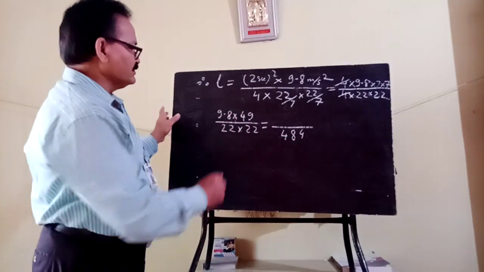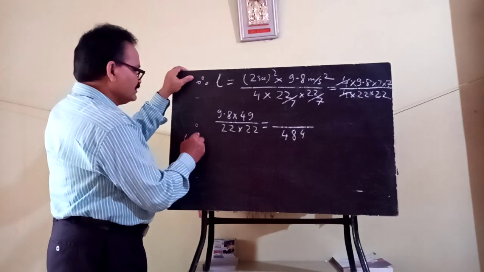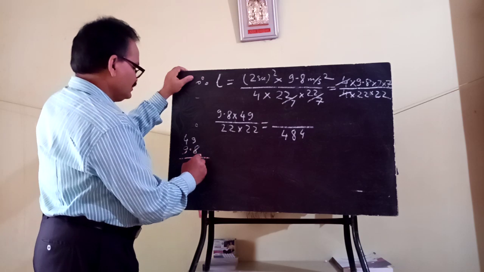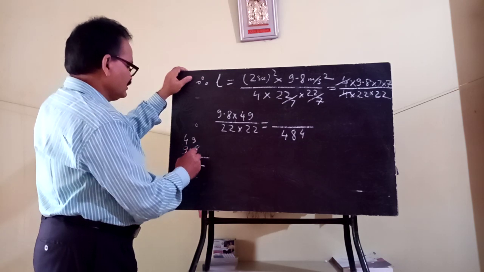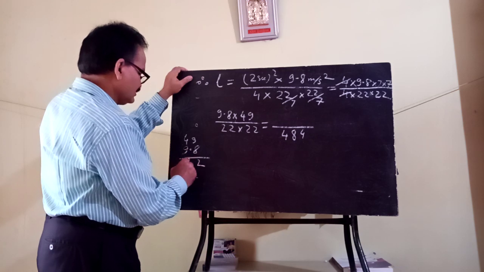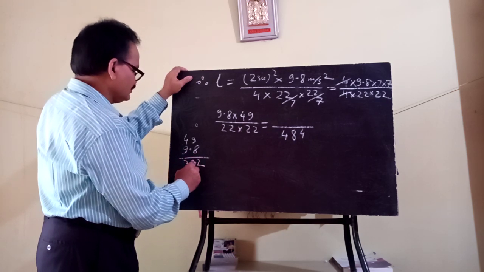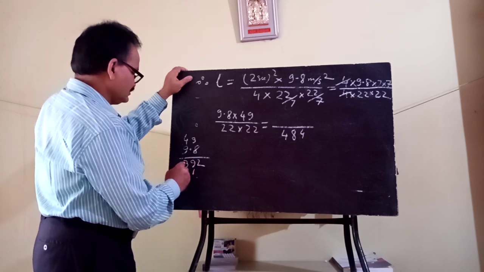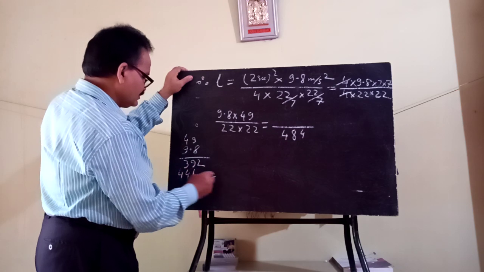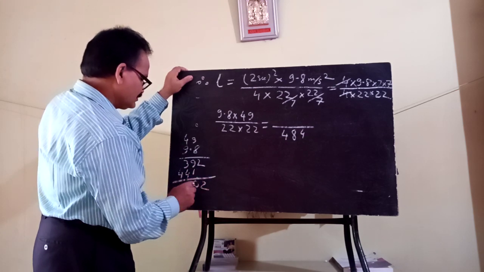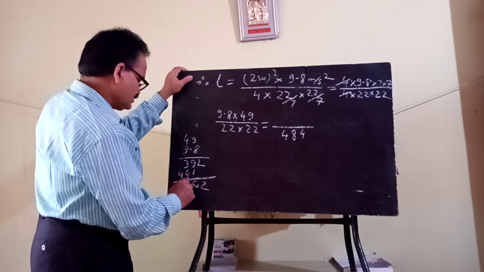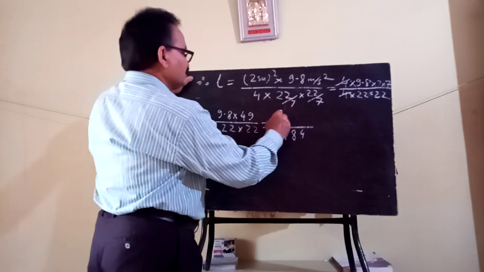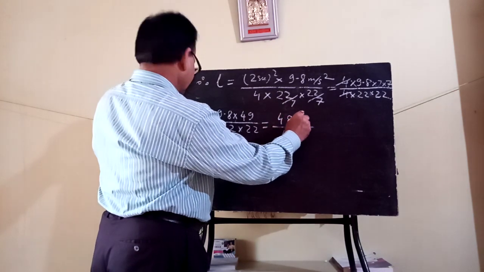Now you have to multiply 49 into 9.8. So this is 480.2.